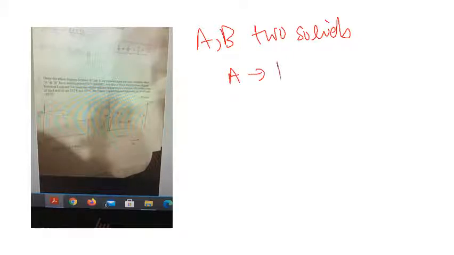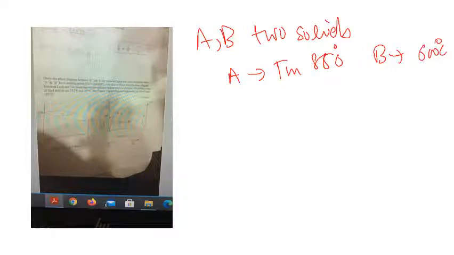For part A, we are given A and B, two solids. A has the melting point Tm of 850, and B has 600 degrees centigrade.